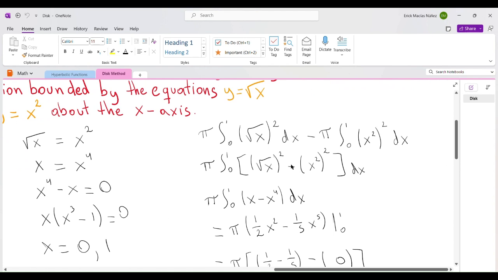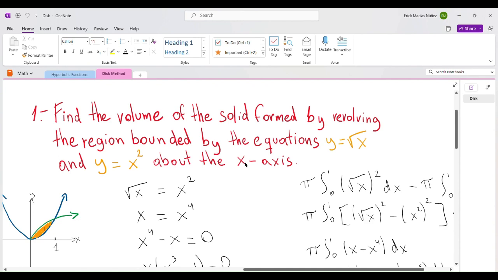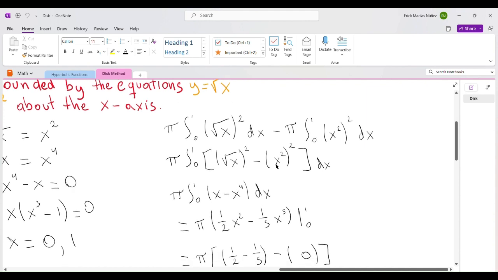Here we apply the formulas. This time, we're using the first formula, which was about the x-axis. Remember, in the problem, it says x-axis. So they will tell you which one you should use. We start with the pi integral from 0 to 1 of radical of x squared dx, minus the formula again, which is pi integral from 0 to 1 of x squared, squared again, dx.